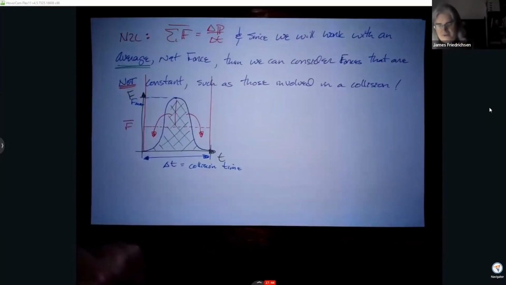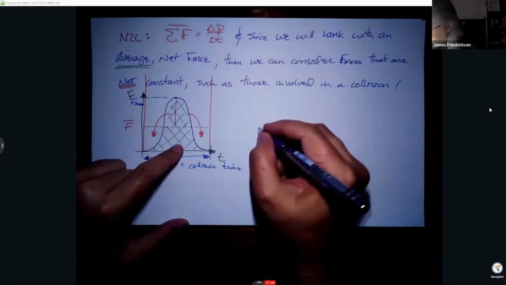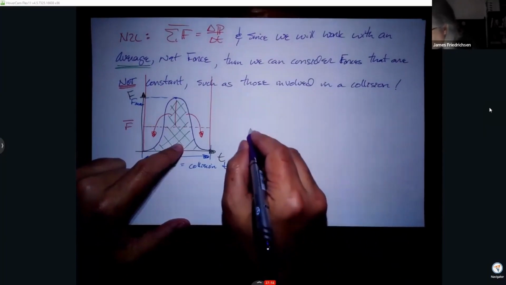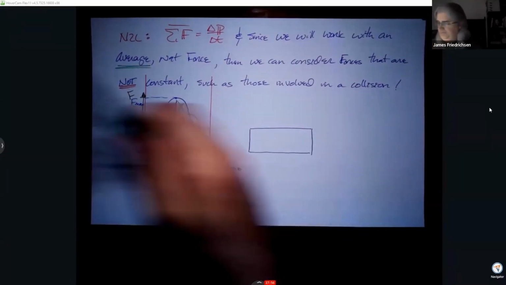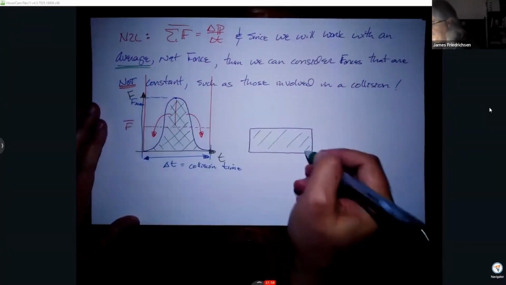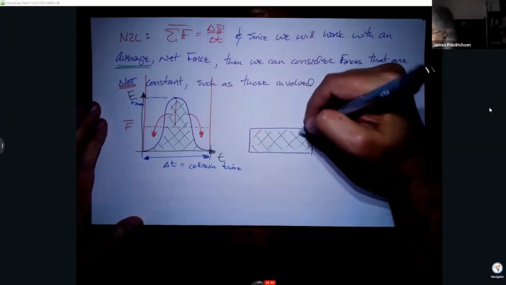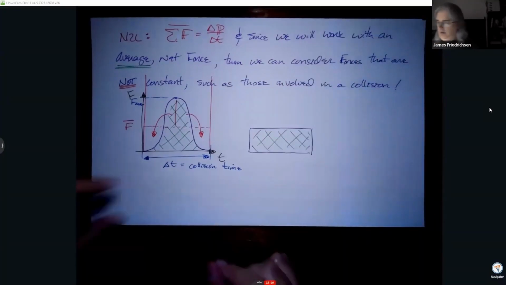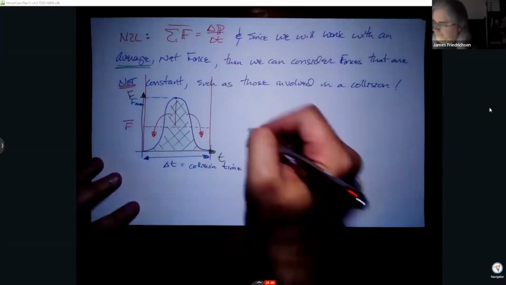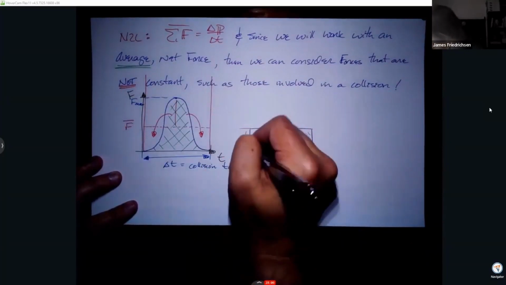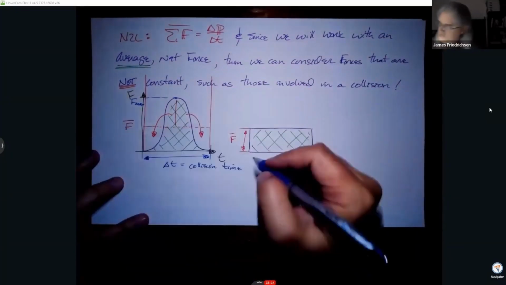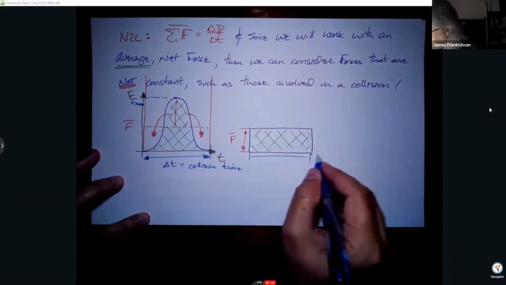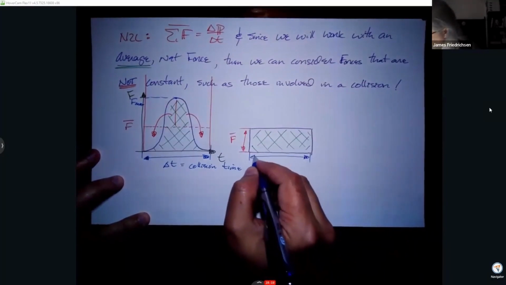And so that would change this funny shaped bump into this rectangular structure, where this height is the average force, and this width is the time interval over the collision, so the collision time.